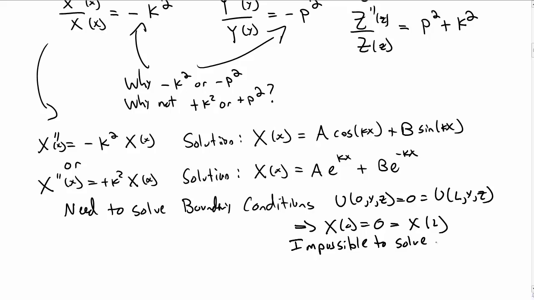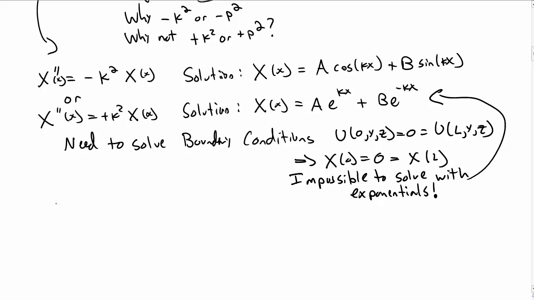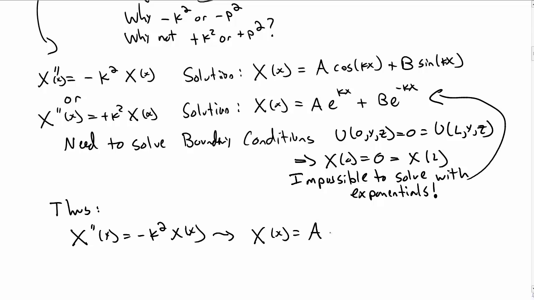The sum of the exponentials has to be positive. Well, it could be 0 at one point, but it's not going to be 0 at 2 points. In contrast, sines and cosines have multiple zeros, and so you can actually make that happen. So that's why we have to choose a negative constant, minus k squared, for the second derivative of X.